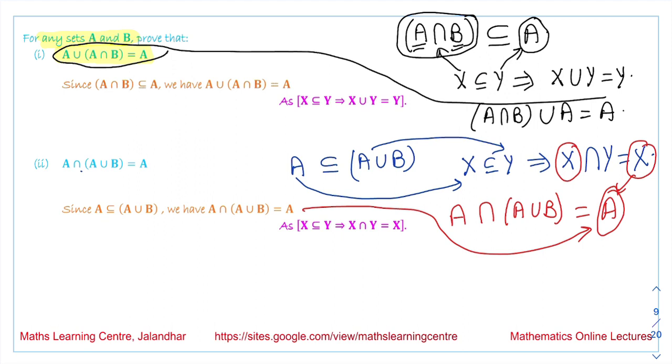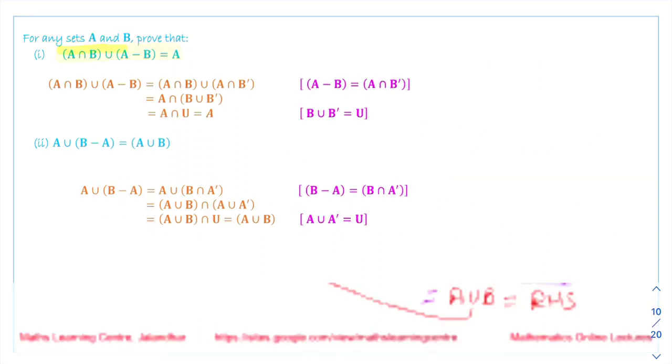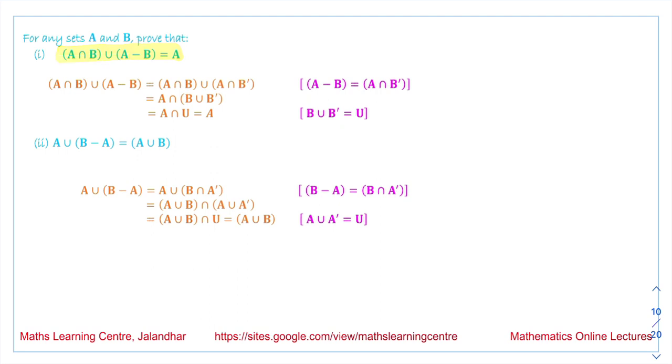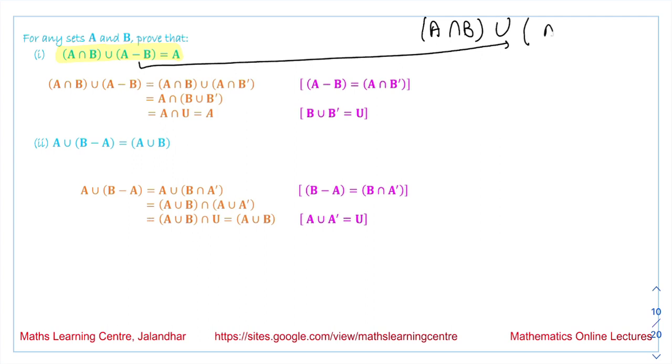Next, for any sets A and B, we have to prove that (A intersection B) union (A minus B) is equal to A. Writing the left hand side, (A intersection B) union (A minus B), we know that A minus B is A intersection B complement.